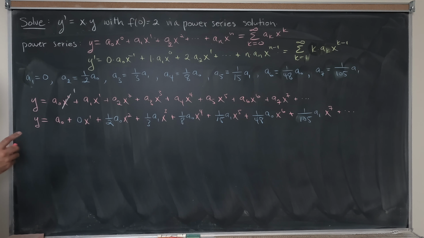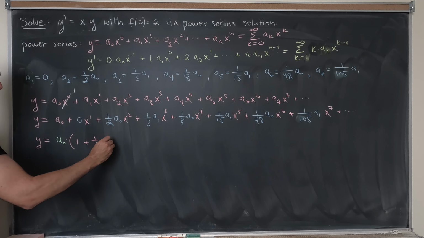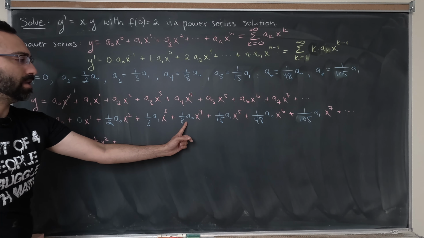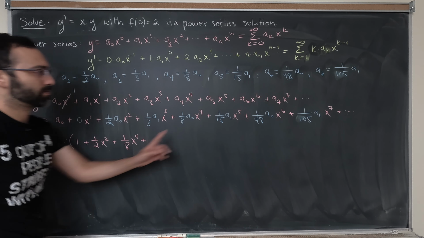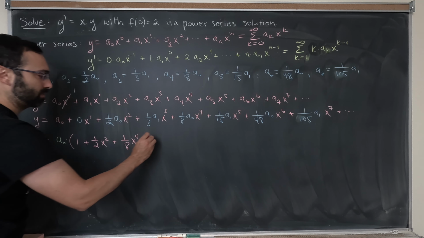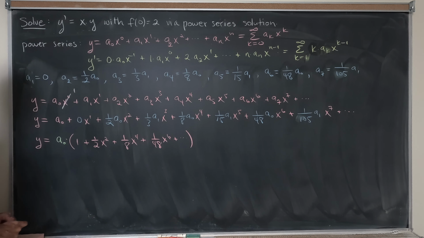Well, we need to find a0. So what we'll do here is we'll factor out a0 from the terms containing a0. And that leaves us with 1 plus half x squared plus an eighth x to the 4 plus a 48th x to the 6, and so on.